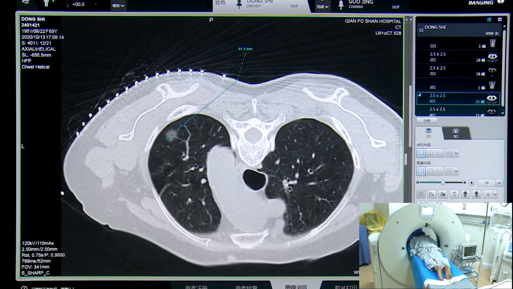This is the planned puncture pathway. And this is the depth of the thoracic wall.